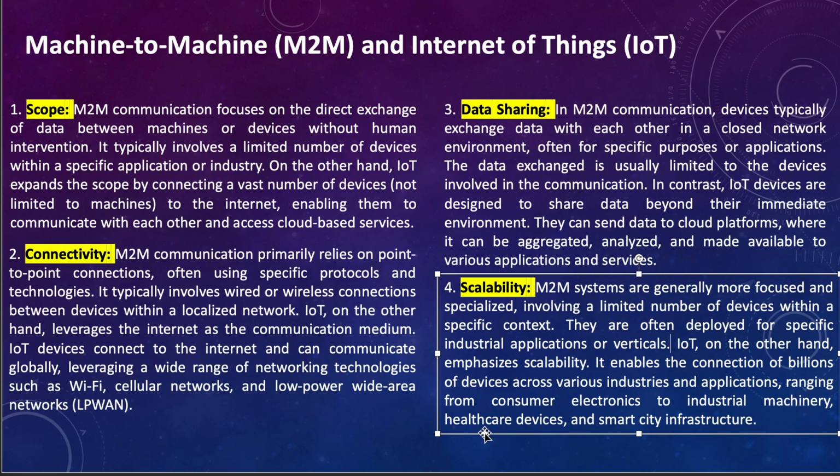IoT, on the other hand, emphasizes scalability. It enables the connection of billions of devices across various industries and applications, ranging from custom electronics to industrial machinery, healthcare devices, and smart cities and infrastructure. So again, the scalability point comes to mind.